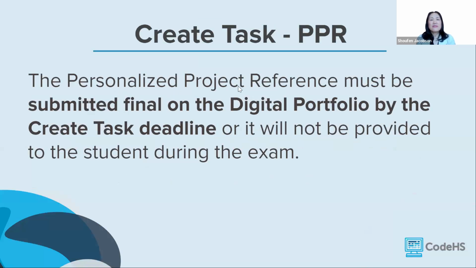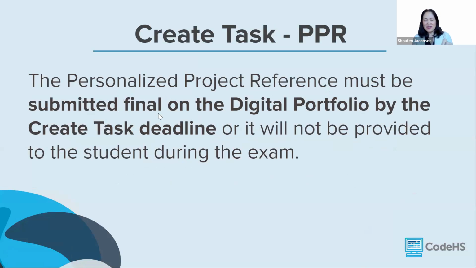The personal project reference must be submitted as final on the digital portfolio by the create task deadline, or it will not be provided to the students during the exam. So once the kids submit it, they have to check first.